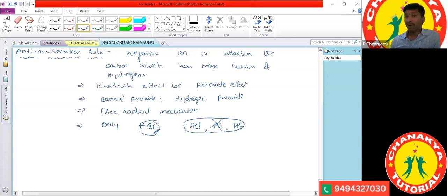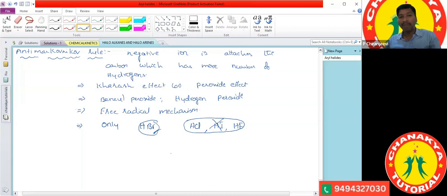You may get a doubt: sir, according to that, hydrogen iodide we can break easily. But hydrogen iodide acts as a reducing agent. It is not involved in the addition reaction, sir. Immediately it again forms an iodine molecule. That's why hydrogen iodide cannot take place.